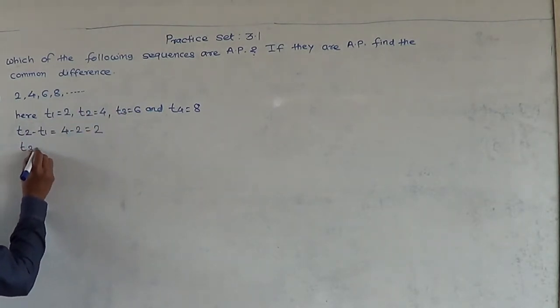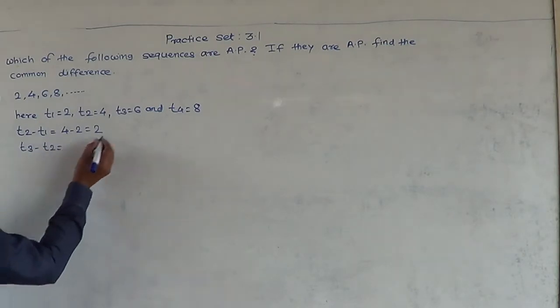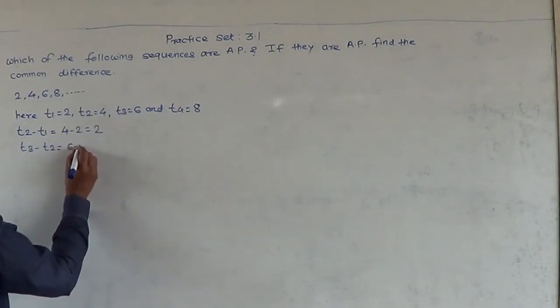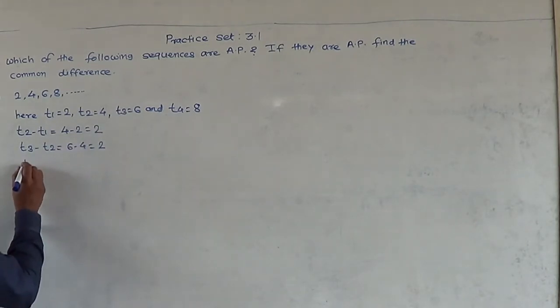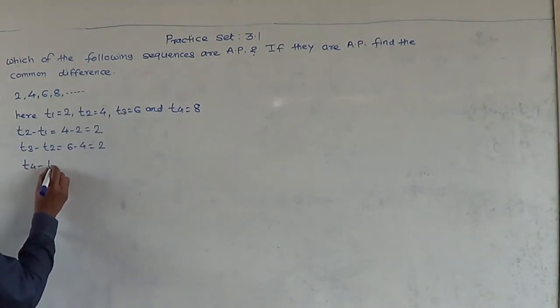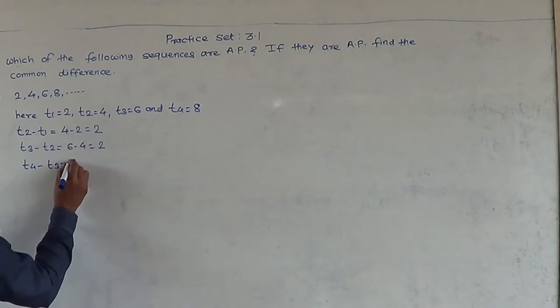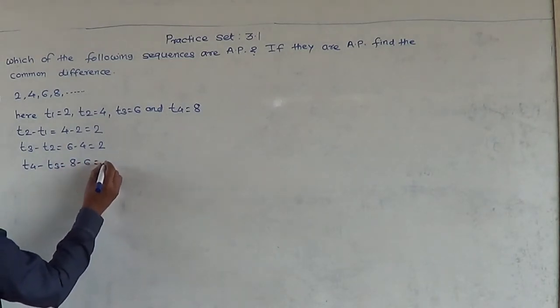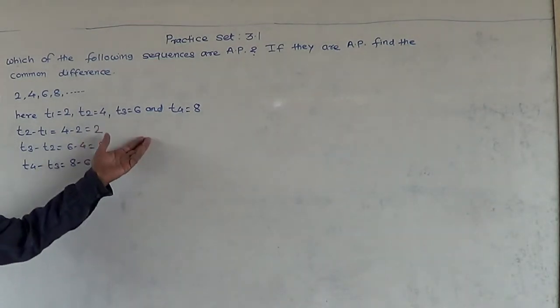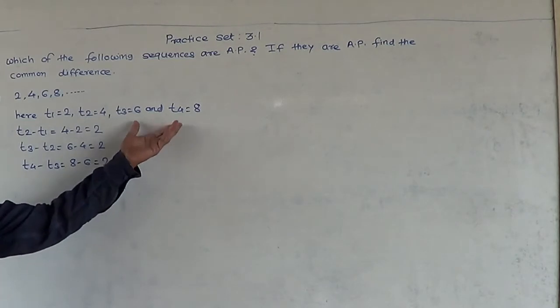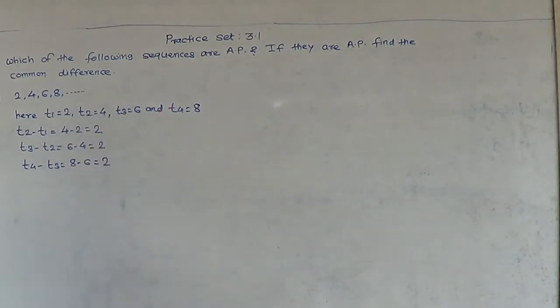T3 minus T2, 6 minus 4, that is equal to 2. Again T4 minus T3, that is 8 minus 6, which is also equal to 2. So here we can write the difference between two consecutive terms is constant.